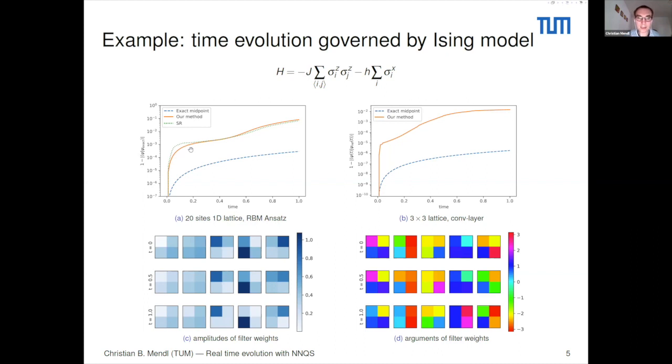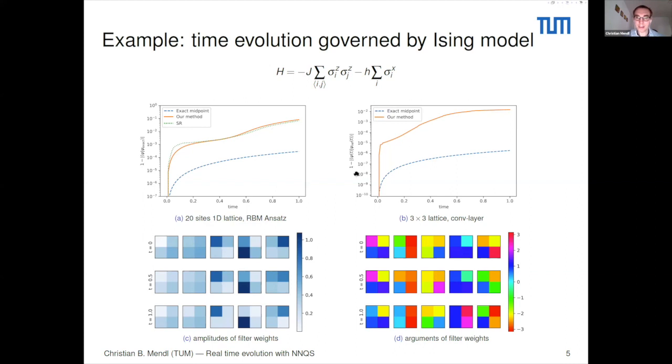So the orange line is our method, and for comparison, we are also showing here the stochastic reconfiguration as a dotted green line, and at least for this model system, they fare comparably, very similar, right?